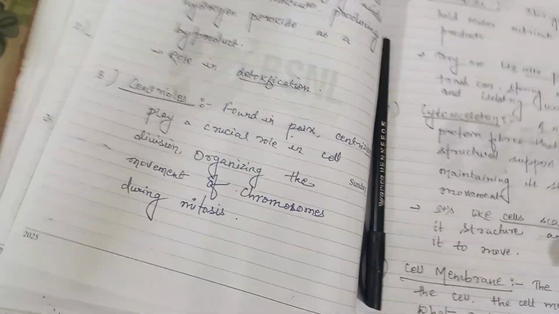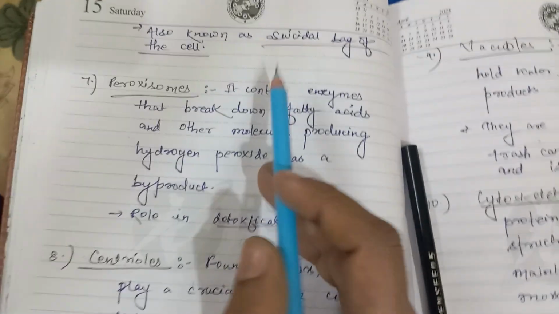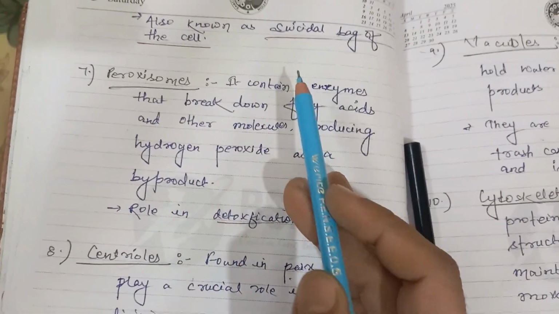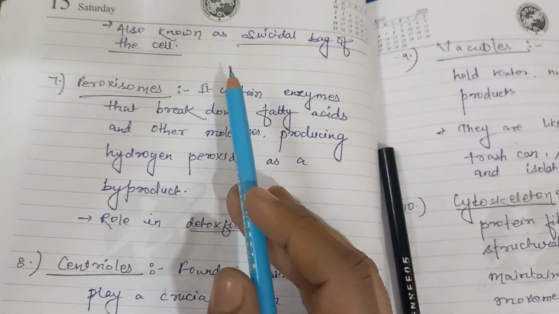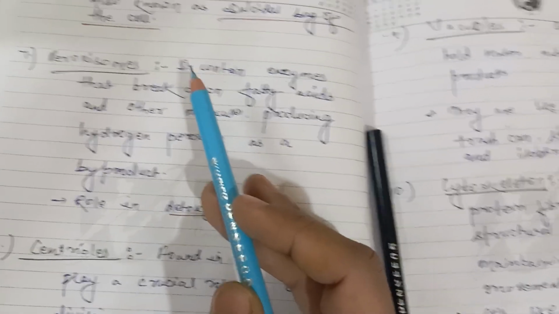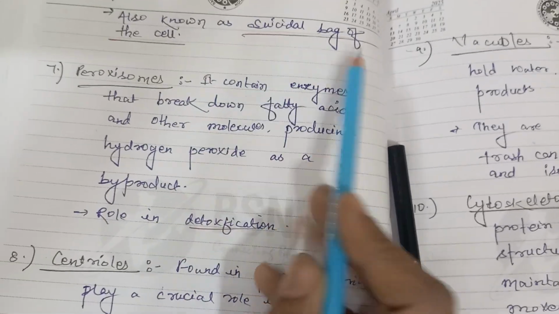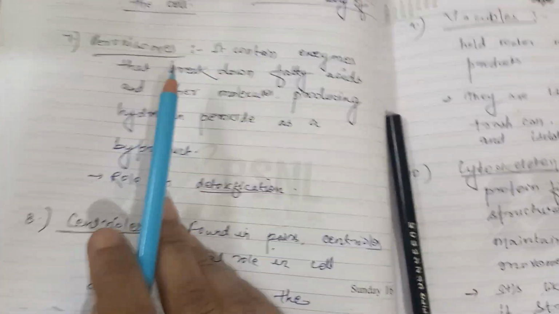Sometimes when the debris or unwanted items are present in the cell in a very large amount, then it is also responsible for the death of the cell. So we can also say that the lysosome is called the suicidal bag of the cell.